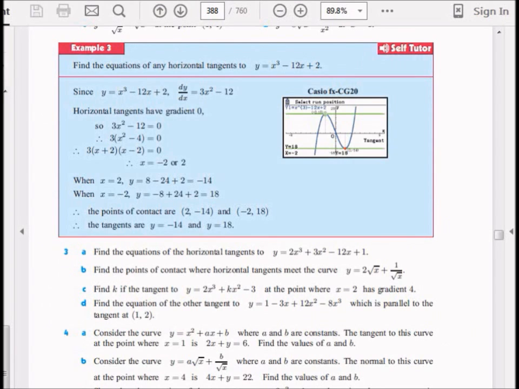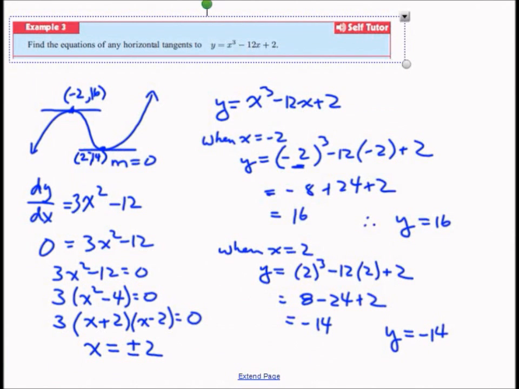Oh, and I have a little error here, y equals 18. Hopefully you guys got it right when you did it. Let's go back and see where I went wrong. When I substituted in my 2, negative 8 plus 24 plus 2, I must have just added wrong. This will be subtract 6. Yes, of course, that should be 18. And therefore y equals 18.